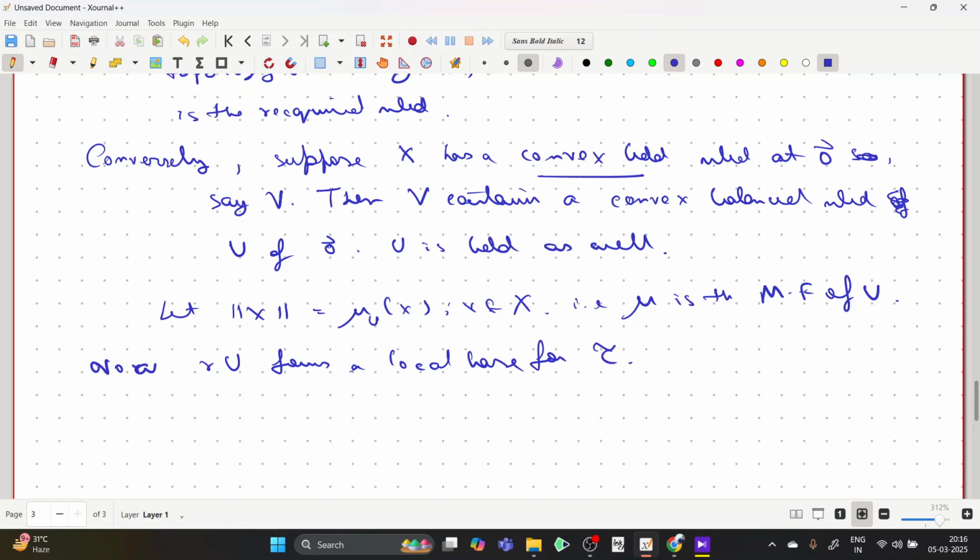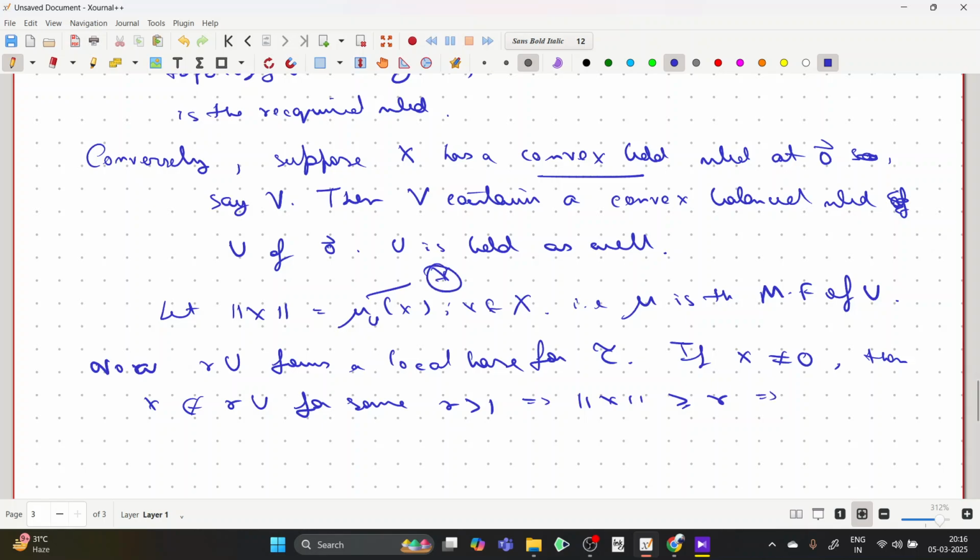Tau was the topology on X. If x is non-zero, then x is not in rU for some r greater than 1, which implies that the norm of x is greater than or equal to r. And if I consider this to be star, this implies that star defines a norm, right, from the definition of the Minkowski functional.